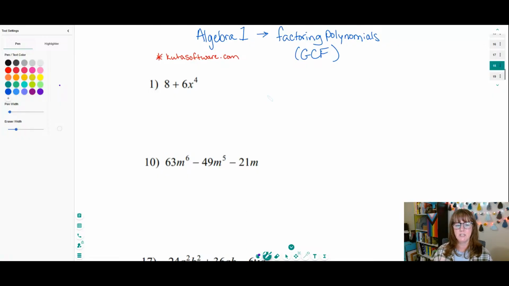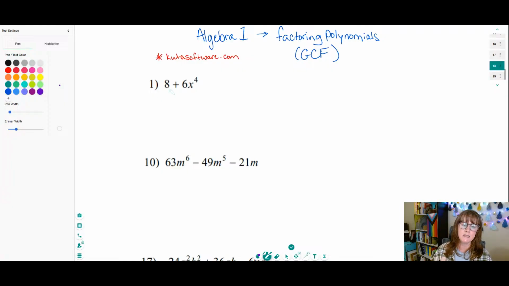So what we need to do in this first problem, again, I have sort of an easy, medium, and hard problem on this page, so we can work through those. What we need to do in this first problem is figure out what is the greatest common factor for both of these terms. What can we divide out of both of these terms evenly?